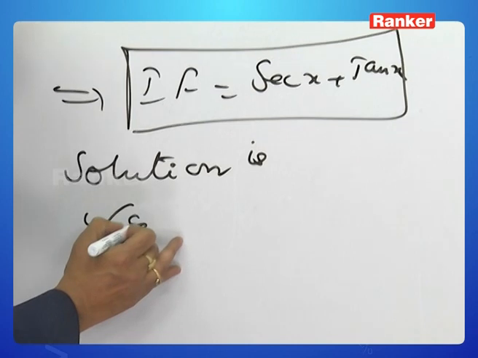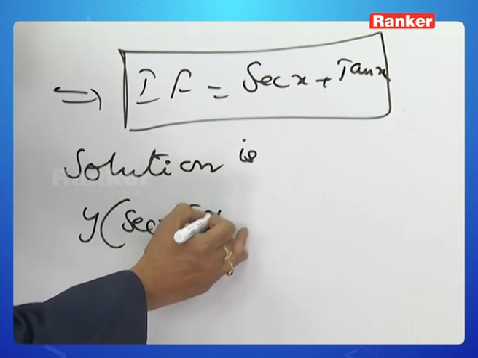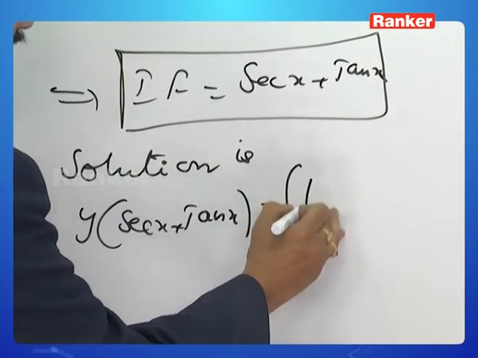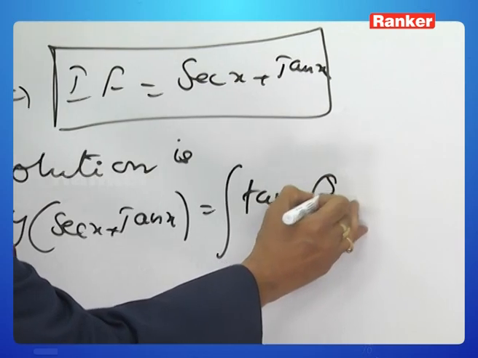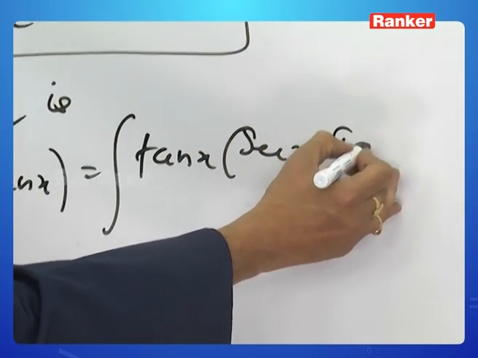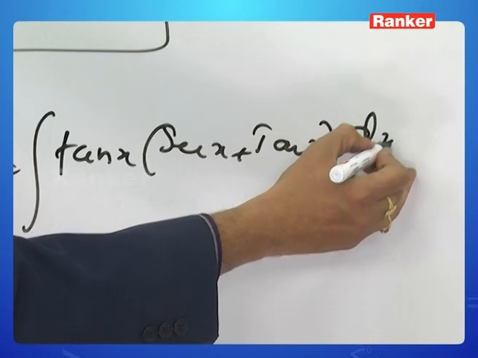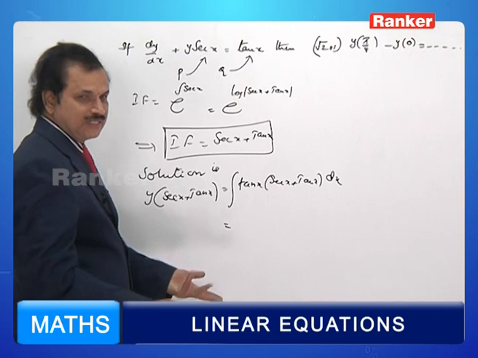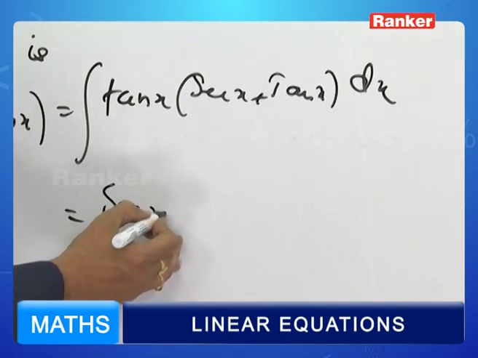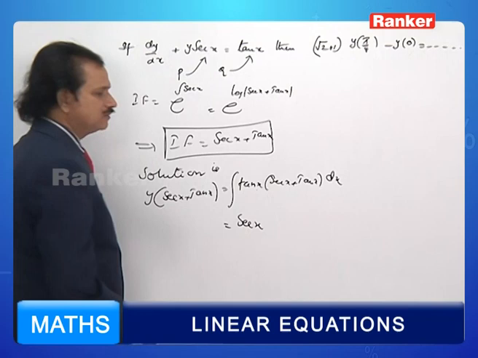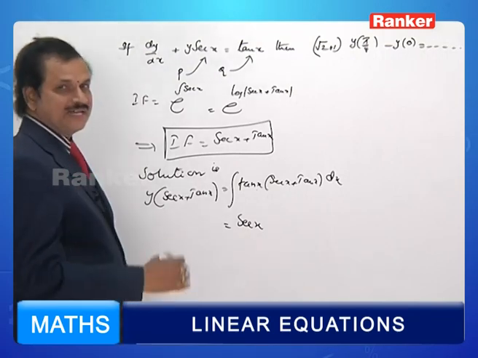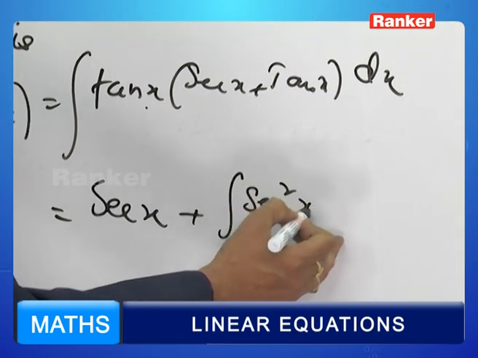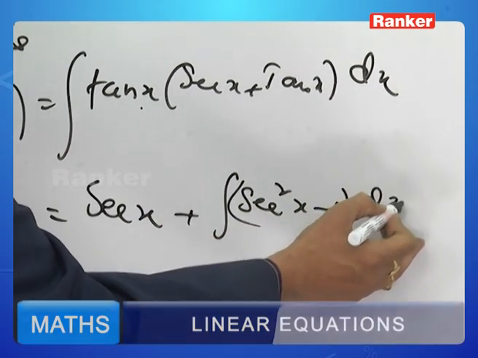y into integrating factor, that is secant x plus tan x, equals integral of what is Q? Tan x. Tan x into secant x plus tan x. Tan x into secant x, its integral is secant x. Tan x into tan x is tan square x, which can be written as secant square x minus 1, dx.